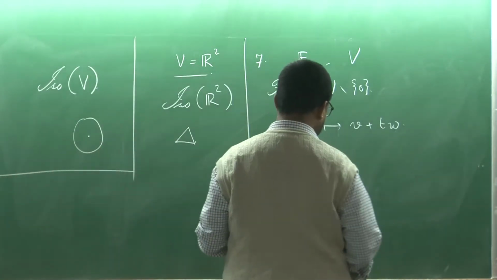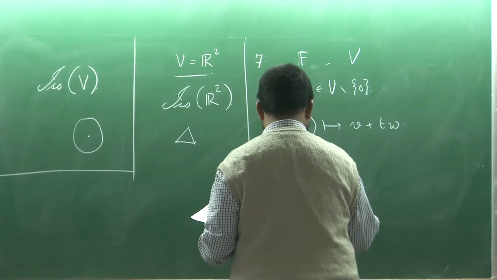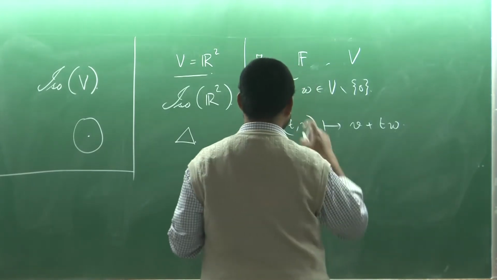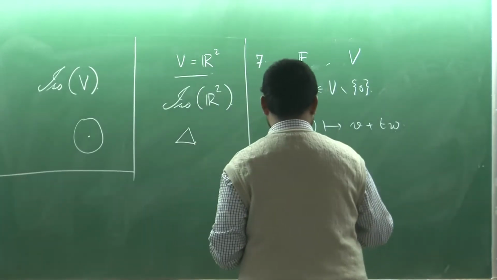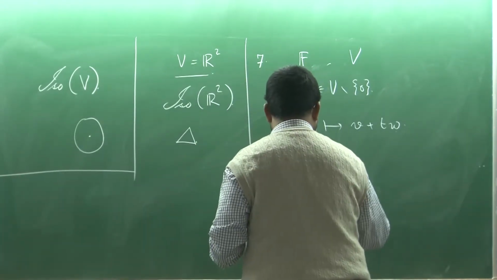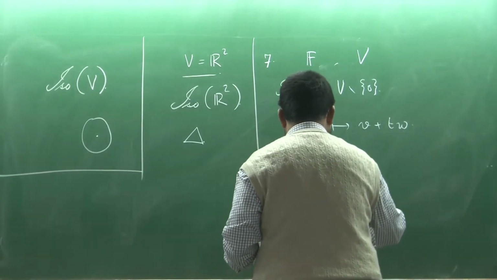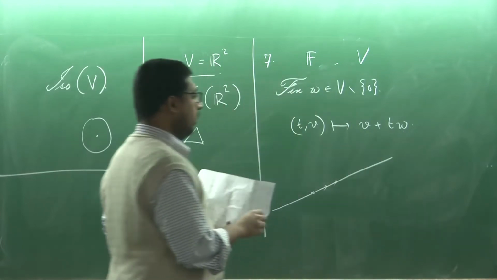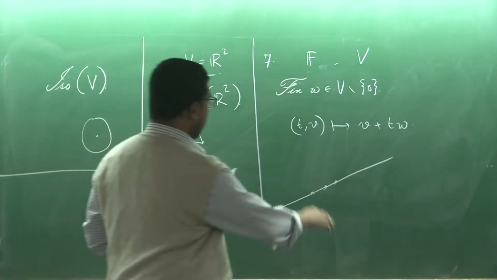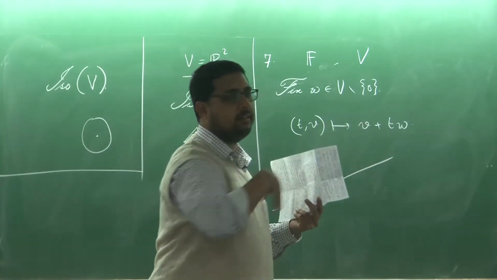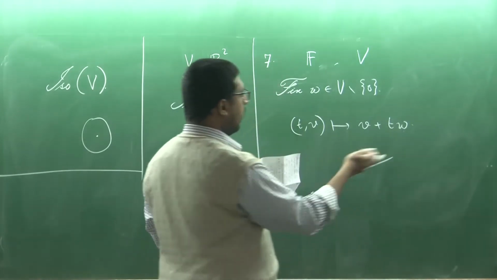Here, what are the orbits? Starting with any v, where the group is F, we get the entire line passing through v in the direction of w. So each orbit is a parallel line in the direction w.